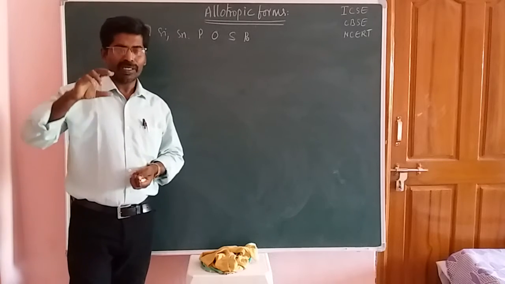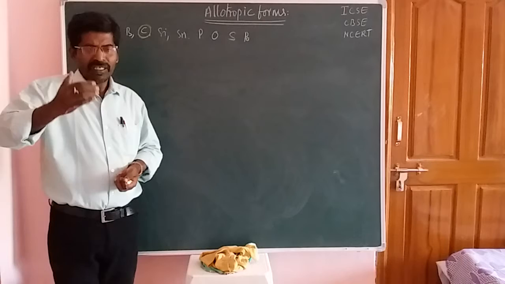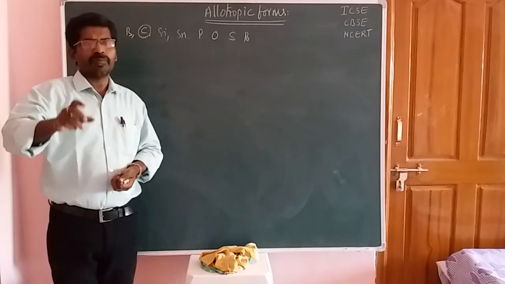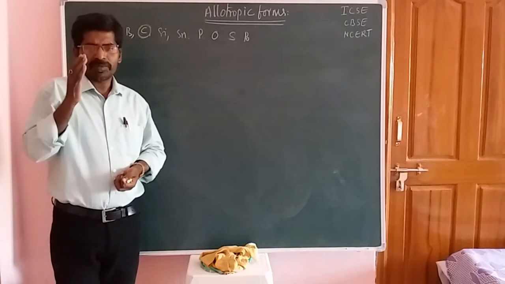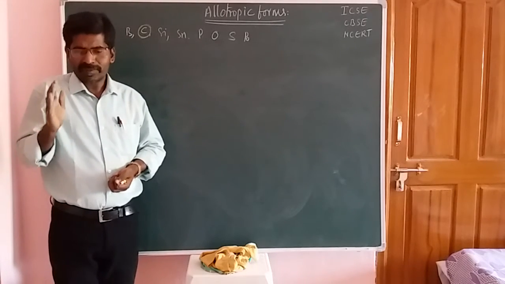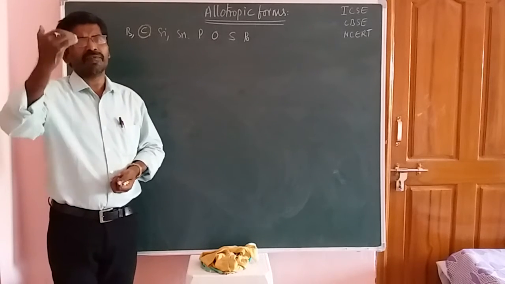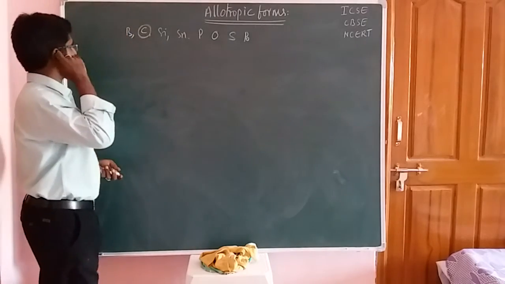The crystalline allotrope of silicon is more stable than the amorphous allotrope of silicon. So this is the information about silicon.